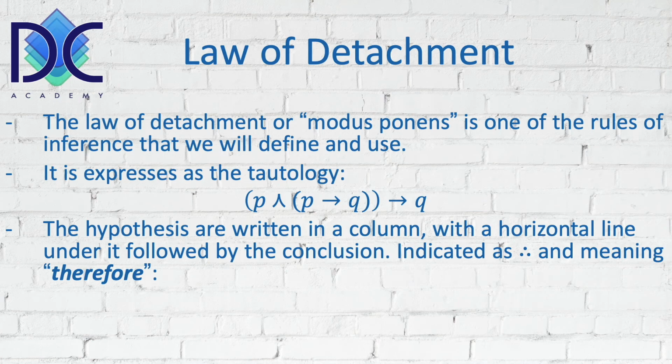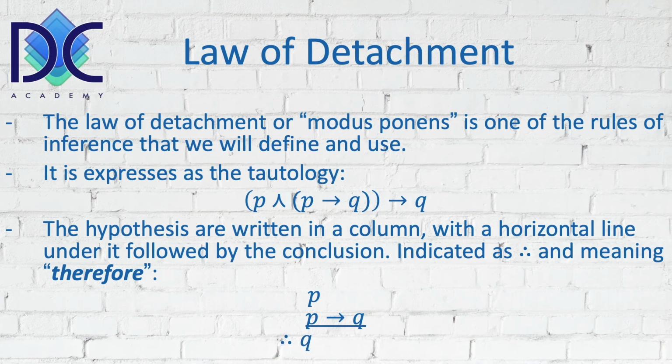Under the hypothesis, I put a horizontal line, and under it follows the conclusion, which is indicated with the 3 dots, which mean therefore. So what we have here is P and P implies Q, therefore Q.